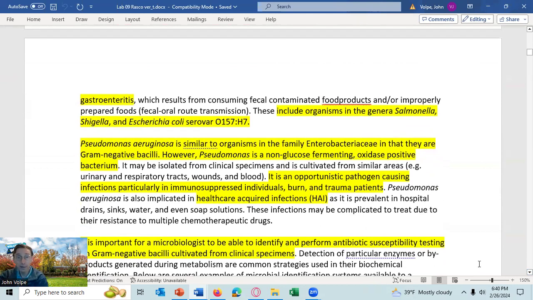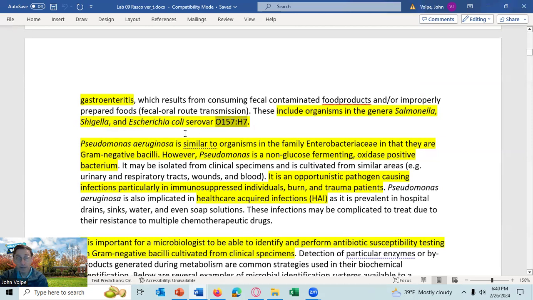And that includes things like Salmonella, Shigella, as well as E. coli serovar O157:H7. This variant of E. coli is a human pathogen, and these antigens cause illness in humans.